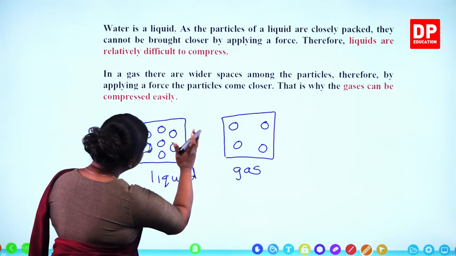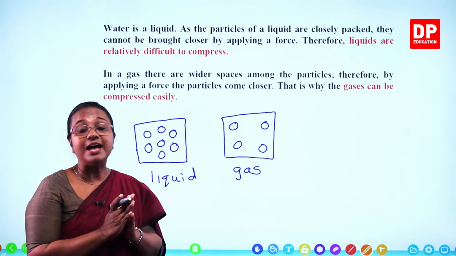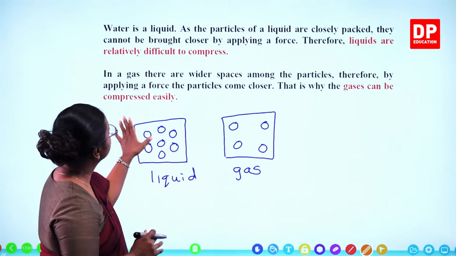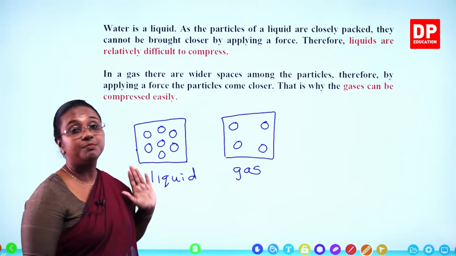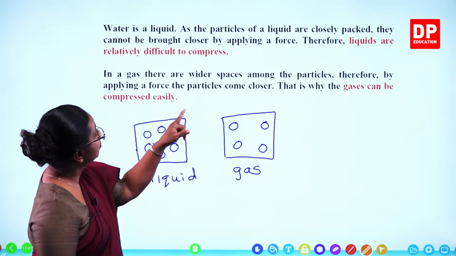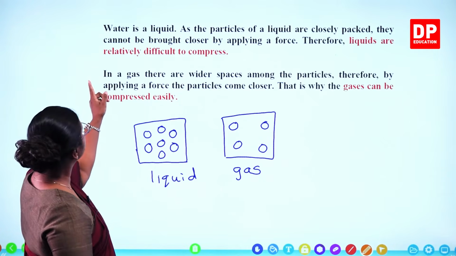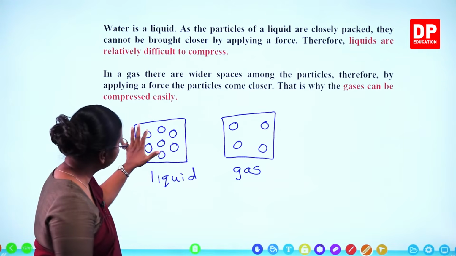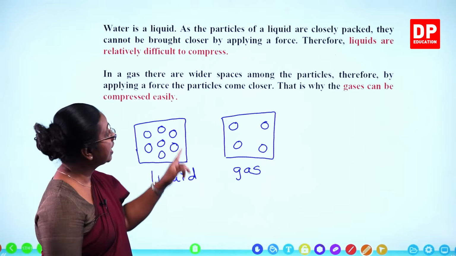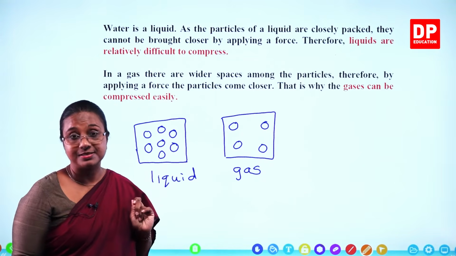So you cannot push them closer than this. They need to have that space between them. So because of that, even if you apply a force, you cannot bring them closer. So you cannot compress liquids. Therefore, liquids are relatively difficult to compress.